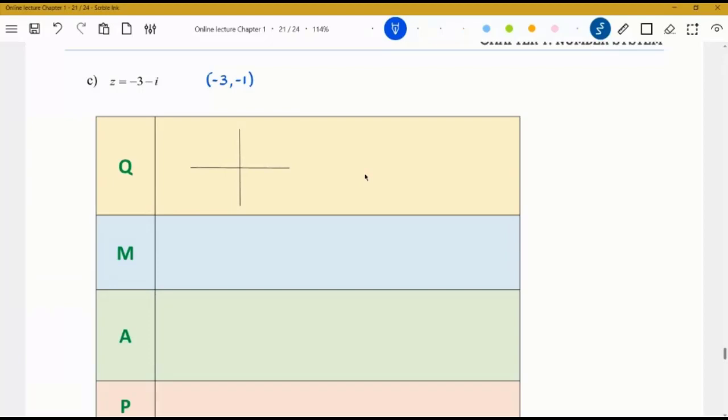So we're gonna have it lies on the third quadrant. Both adalah negative value. Okay, so find the modulus. So should be square root of negative 3 square plus negative 1 square. So it's end up will be square root of 10.